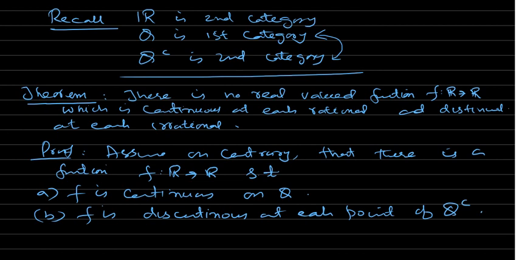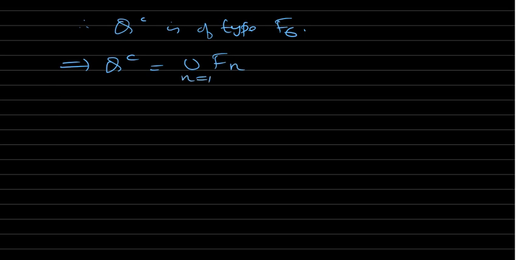So we know from the previous theorem that the set of discontinuities of a real valued function from R to R is of type F sigma. So therefore Q complement is of type F sigma, which implies that Q complement is the union of Fn, n runs from 1 to infinity.